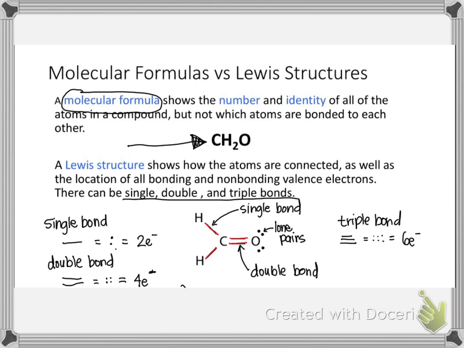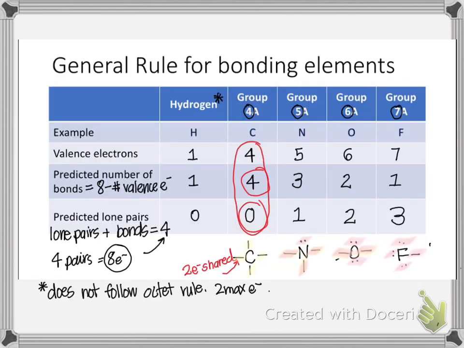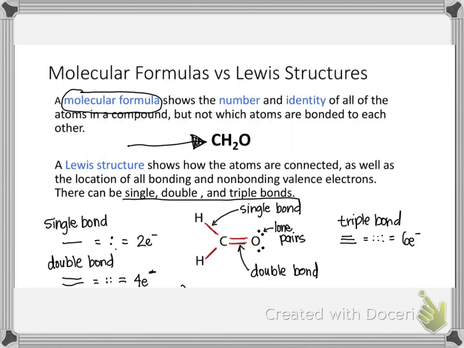For example, nitrogen likes 3 bonds and 1 lone pair. Well, 3 bonds could be a triple bond, it could be 1 double bond and 1 single bond, or it could be 3 singles. So when they talk about how many bonds, just remember it doesn't all have to be single. It could be a combination of triple, double, or single up to that particular number.